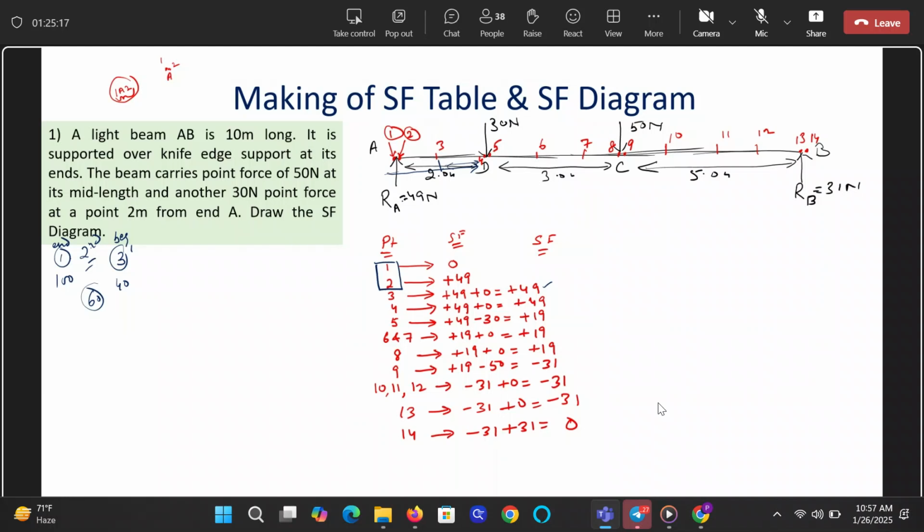My 3 points, 1, A, and 2, are 3 adjacent points as per what we took. So if the shearing force is 0 at 1 and plus 49 at 2, where would this change actually take place? The change will take place in between the two.